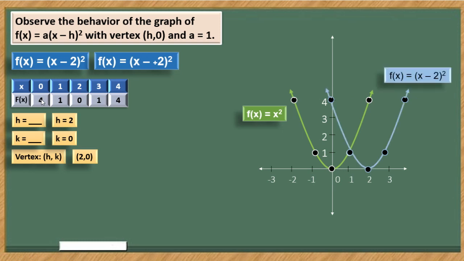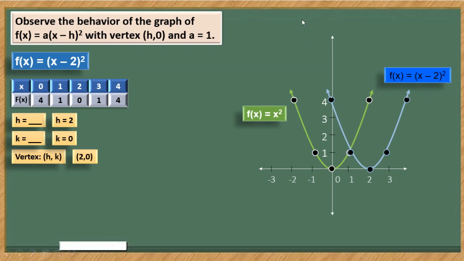Then again, look at the graph. Are they identical? We can only say that they are identical if the two overlap. So let's look here. Yes, the two curves are identical, only that the graph of the quadratic function, the square of the difference of x and 2, is translated 2 units to the right.